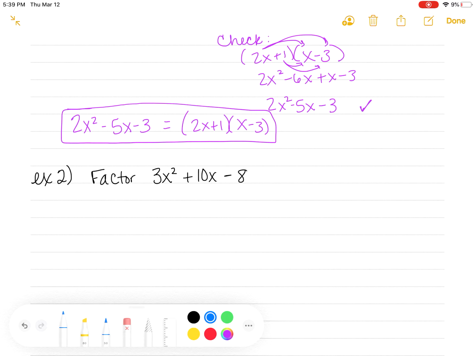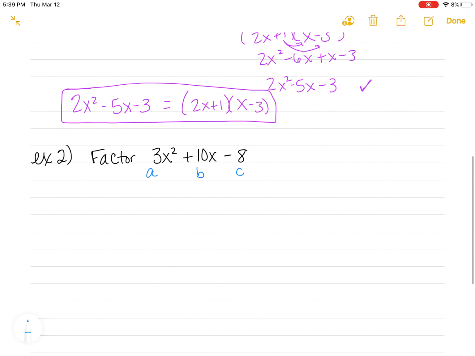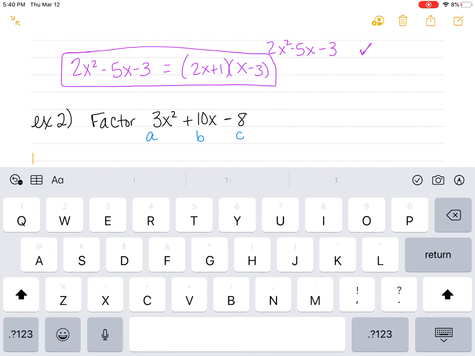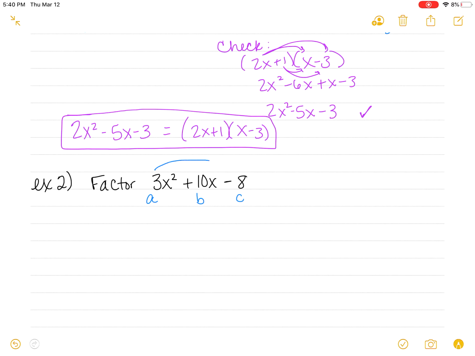All right, I'm going to identify A, B, and C. So A is 3, B is 10, C is negative 8. Remember the first step is to multiply A times C. So 3 times negative 8 is negative 24.